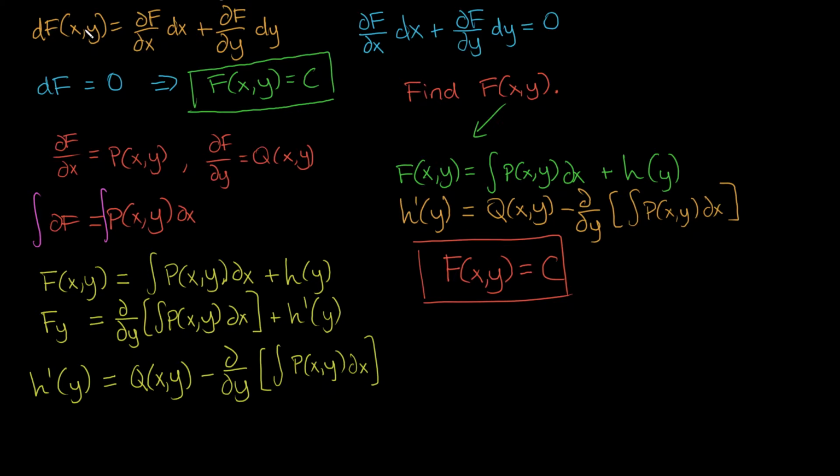We know the total differential of f here is this, and we know that the total differential is really the same thing as the differential form of the differential equation. But if we know that that must equal 0, then df equals 0, which tells us that once we find that encompassing function, whose partial derivative with respect to x is p of x y, partial derivative with respect to y is q of x y, once we find that f of x y, the solutions to the differential equations will just be that f of x y equals some constant c.